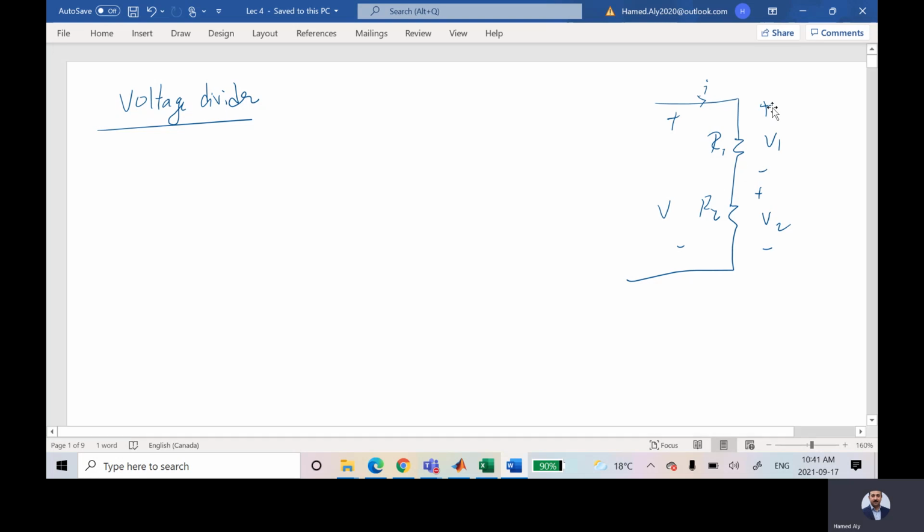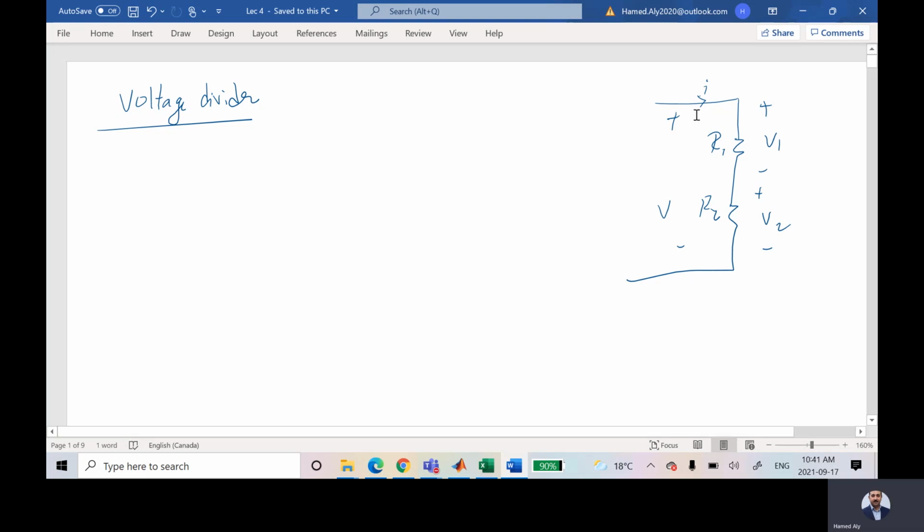So if I would like to find V1 or V2 as a function of V total, I can say V is equal to V1 plus V2. Let us derive the equation, and then I'll let you know the equation that I'm going to use at the end for the voltage divider.